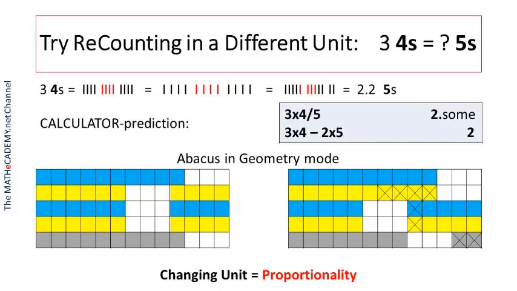A calculator prediction gives the same result, as does an abacus in geometry mode, where the top 4 bundle is transformed into 2 ones, changing the 4s to 5s, and 2 unbundled for the bottom line. To change a unit is also called proportionality.